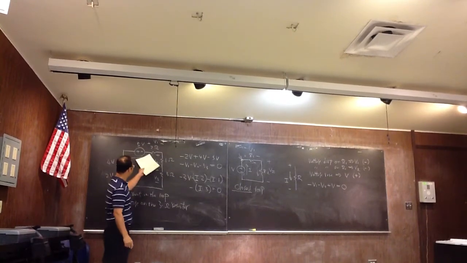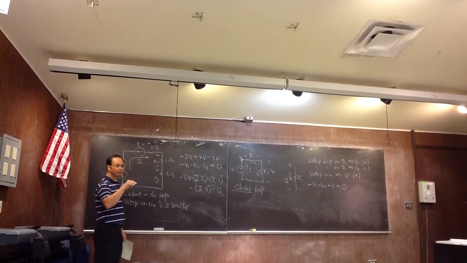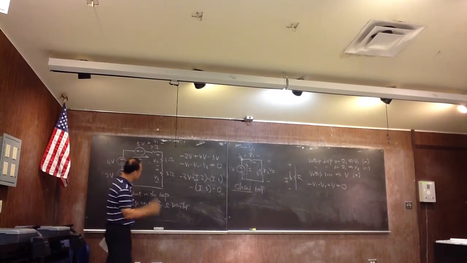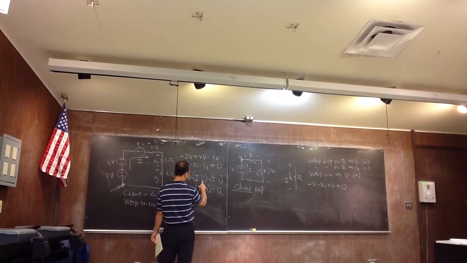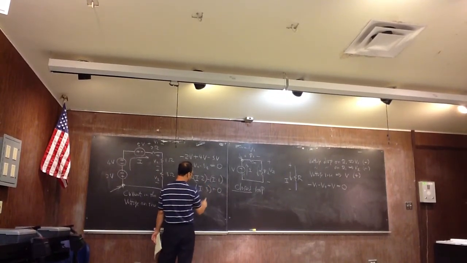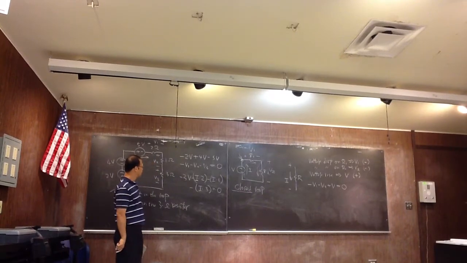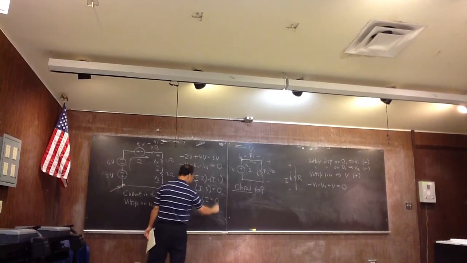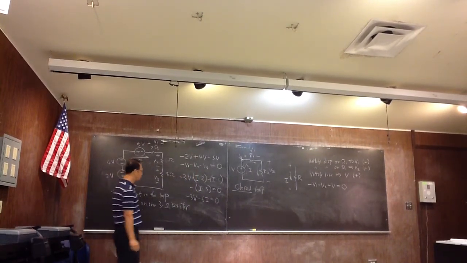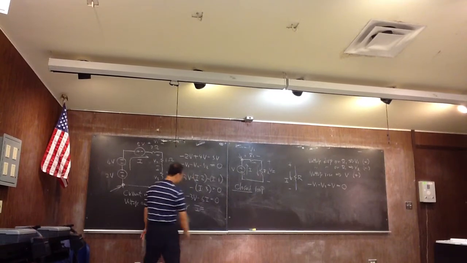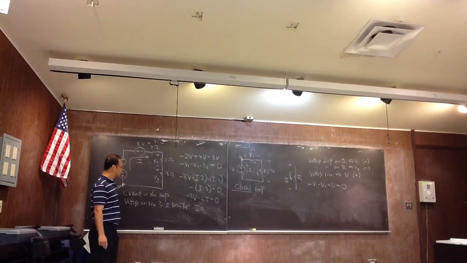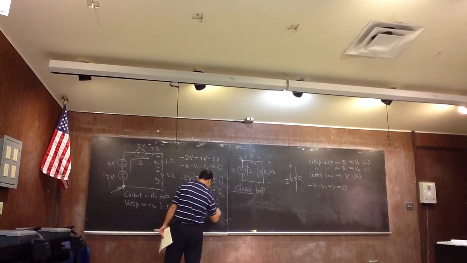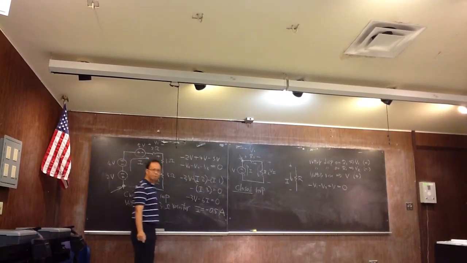Because the voltage on the resistor is the current times the resistance, according to Ohm's law. So how many I do I get? 6I, right? So minus 3 volts minus 6I equals 0. Therefore, what is the current? The current is minus 0.5 amp, correct?